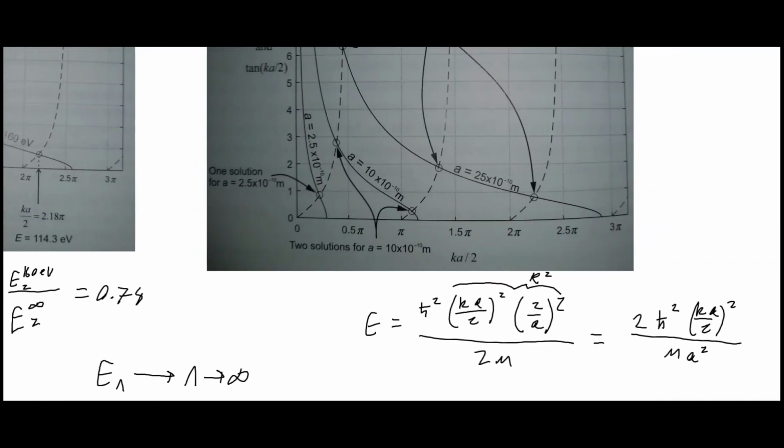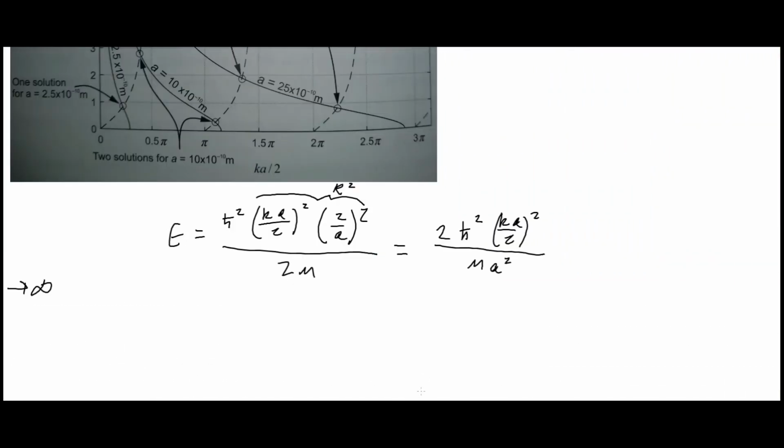In the book they were using a of 2.5 times 10 to the negative 10 meters, so that's on the 2.5 angstrom scale. And then we use Ka over 2 as 3 pi, which as we see is our highest right here.